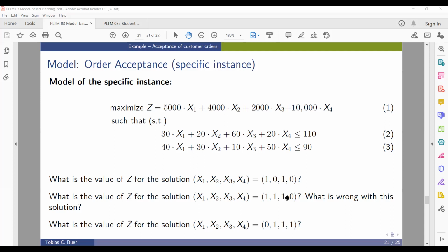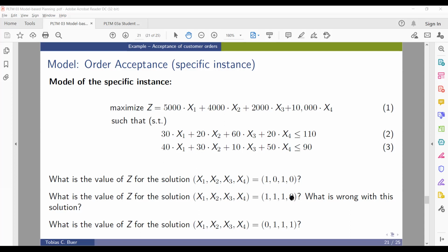Or is there something wrong? Maybe nothing is wrong. It's just to trick you. Is it possible to manufacture the orders 1, 2, and 3 on our machines, or is it not possible?